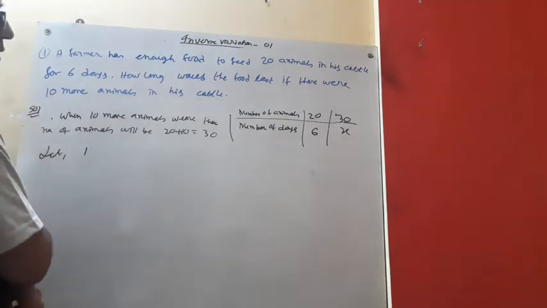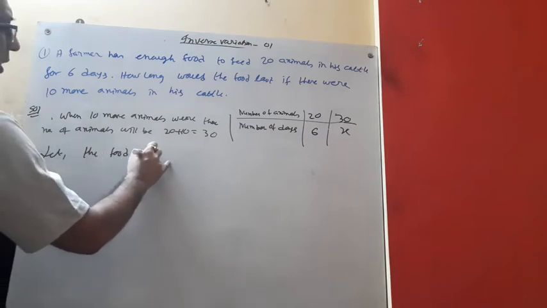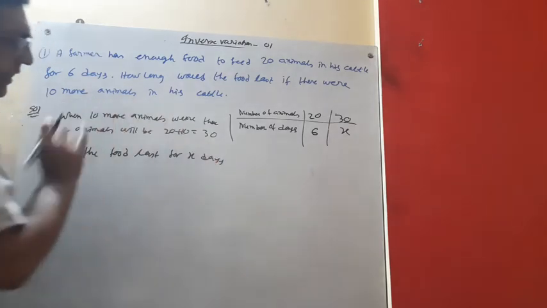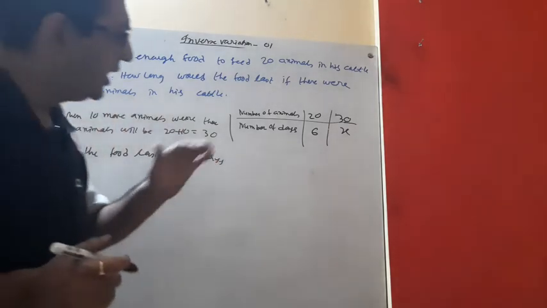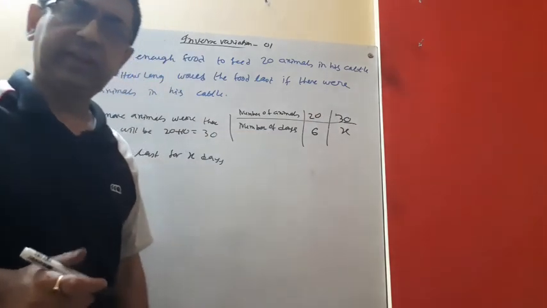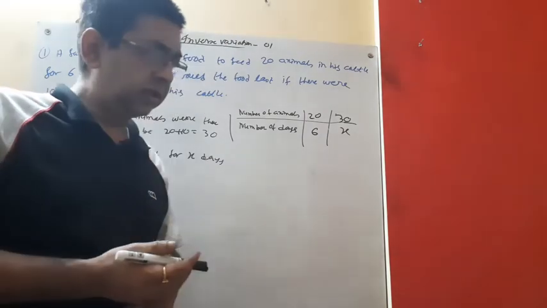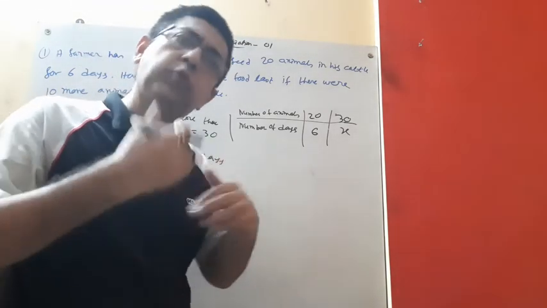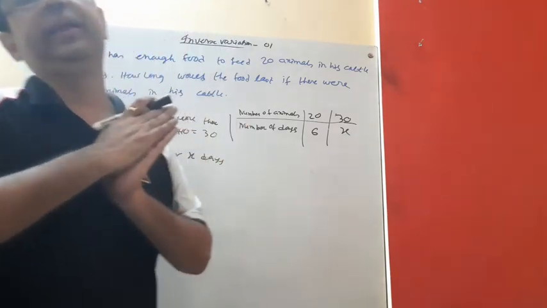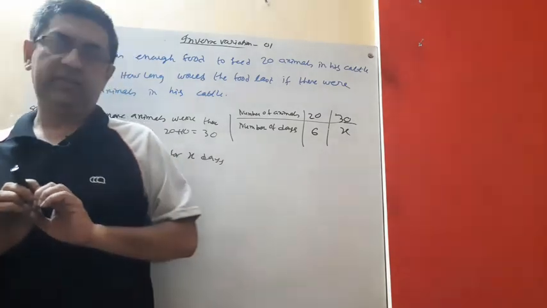How long would the food last for x days? One thing, look, as soon as the number of animals increases, the food consumption will be increased, so the number of days will be decreased. Why? Because the amount of food is fixed.